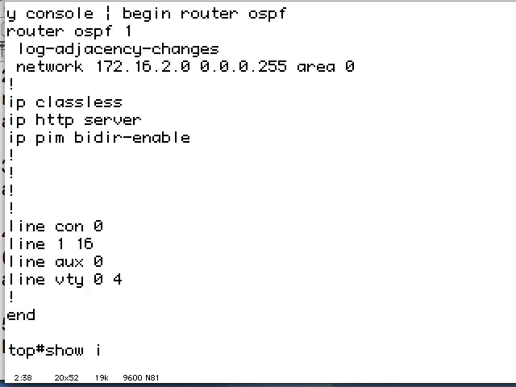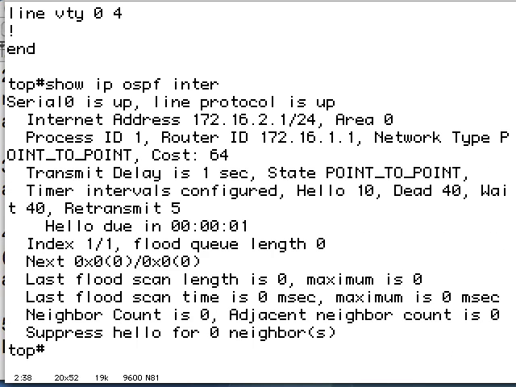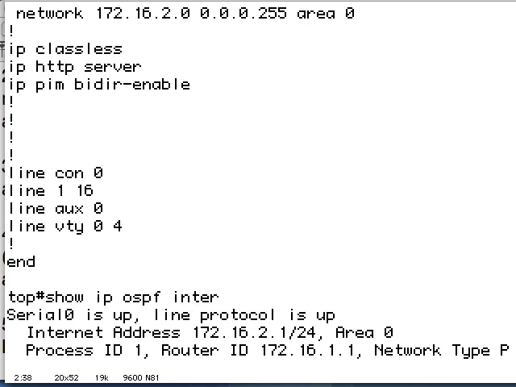Let's look at show IP OSPF interface. As you can see, I now have one OSPF interface, which is the serial 0 interface. And up here at the top, you can see my network statement is 172.16.2.0, 0.0.0.255. And the IP address on this interface is 172.16.2.1. 172.16.2.1 is inside this range with these don't care bits.